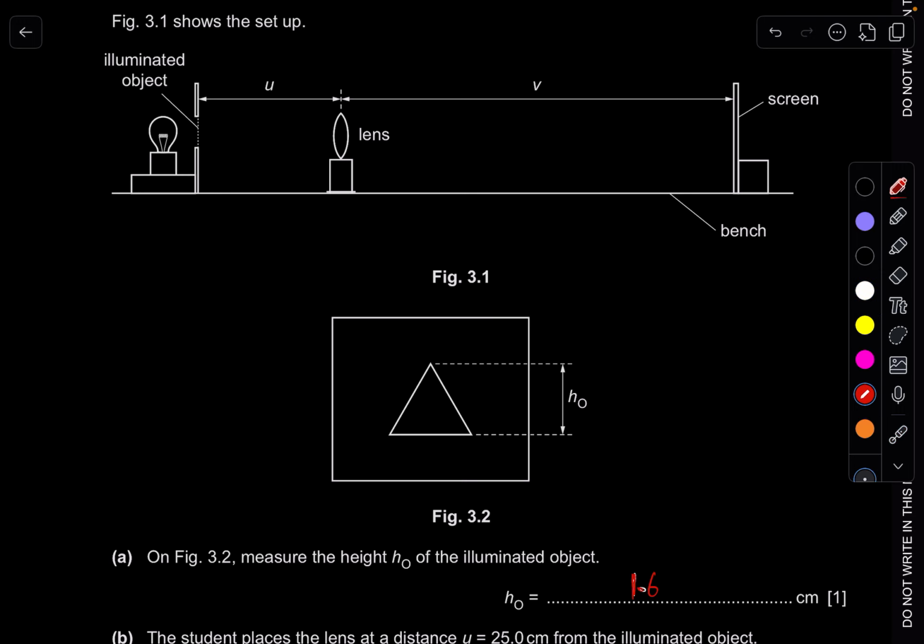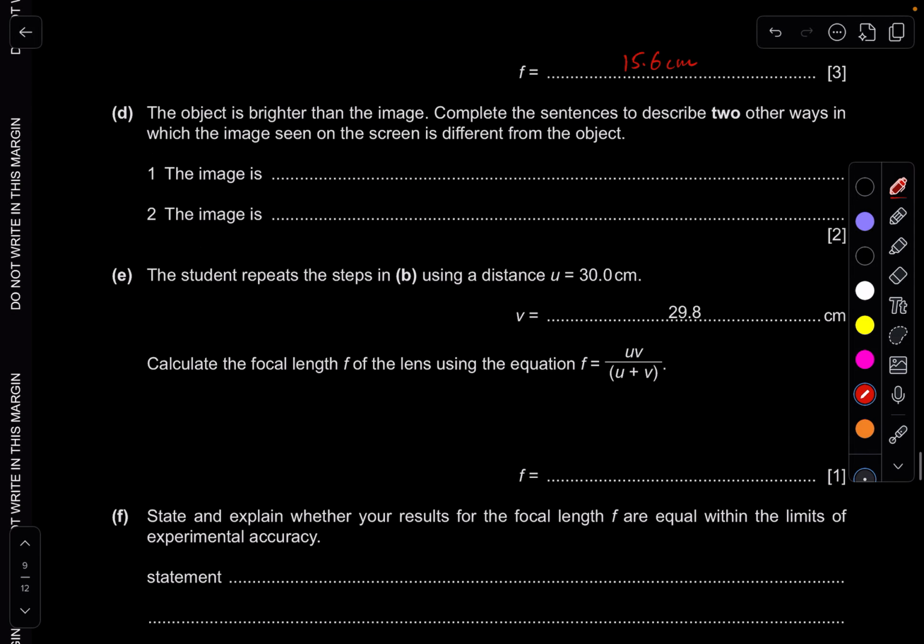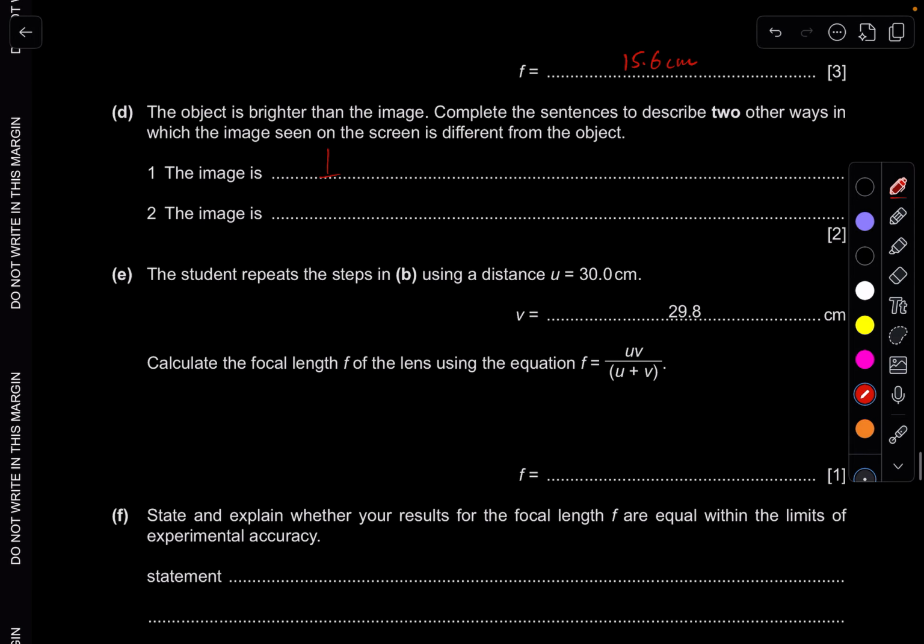As the image formed by this lens is projected on the screen, the image will be real, and a real image is always inverted. So one feature is that the image will be inverted. Second, as the object is placed close to the lens, the image will be magnified.